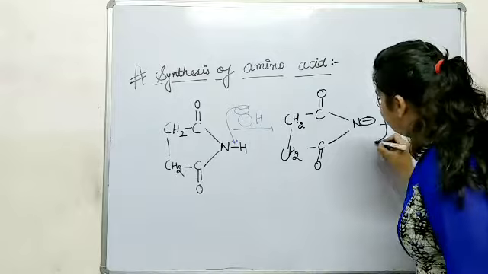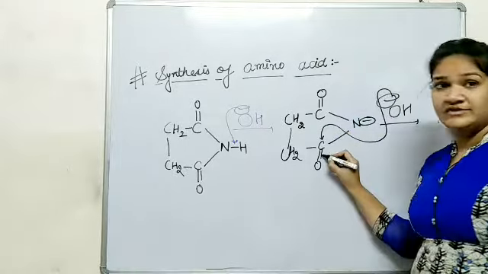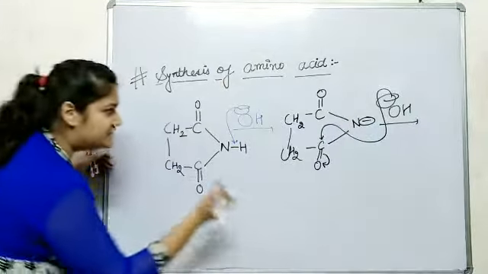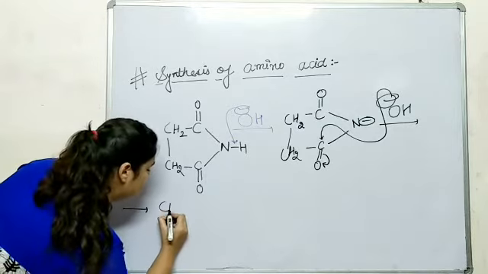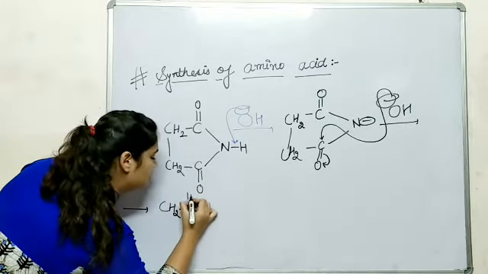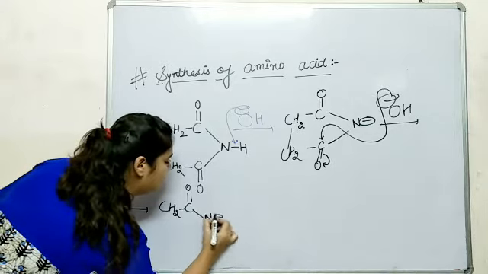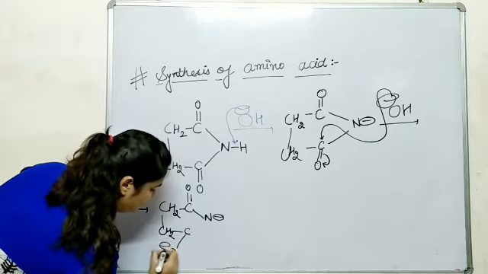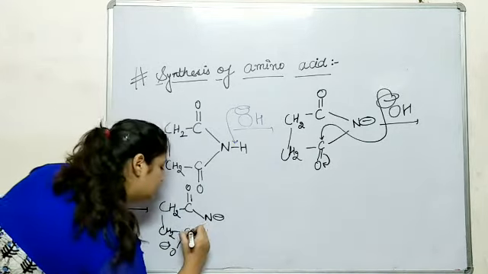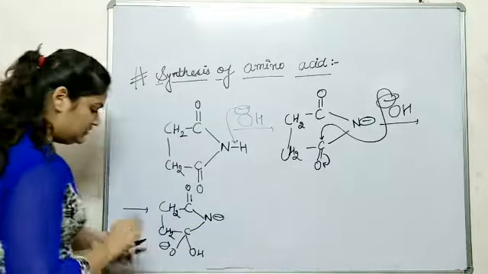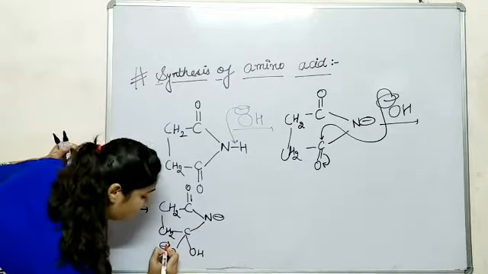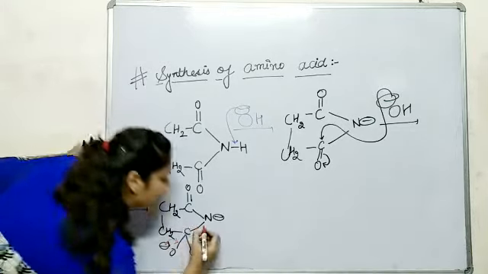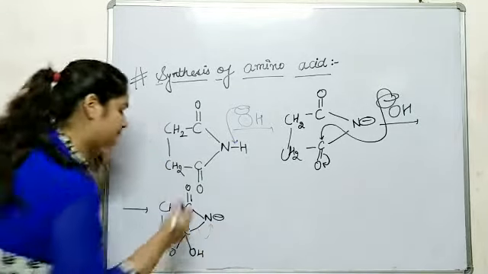So when this acts as a nucleophile, this double bond will shift towards the oxygen atom here, and it will acquire negative charge. So we get CH2, C double bond O, and negative CH2, C, O negative, and OH, and this bond will remain as it is. So here look at this, when this negative charge again comes back to its original position, this bond will shift towards nitrogen.